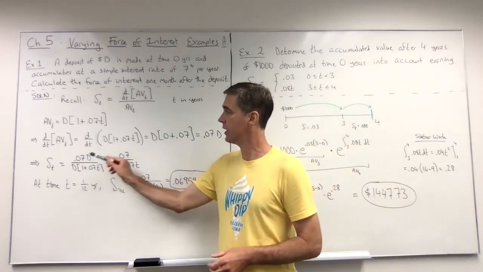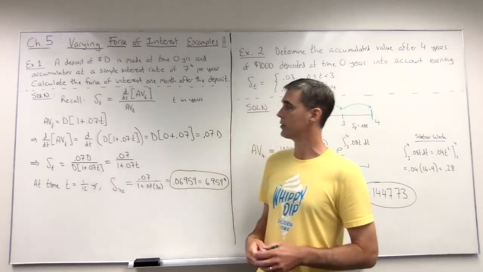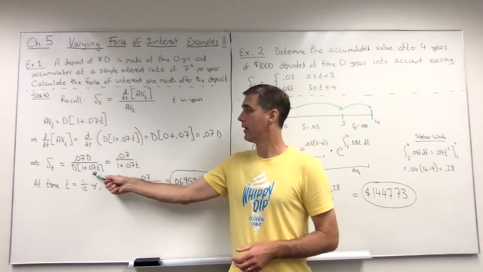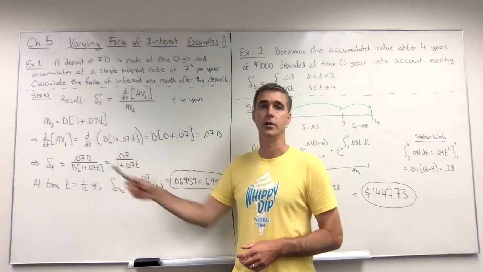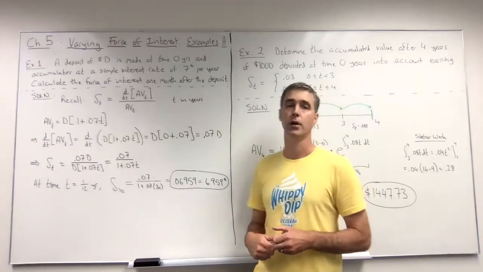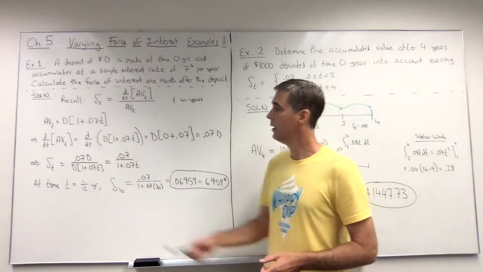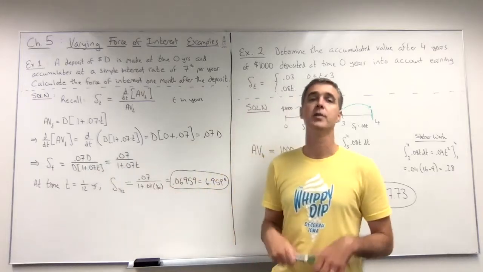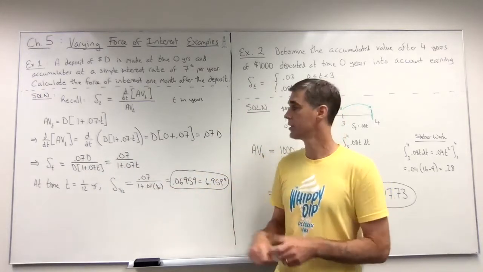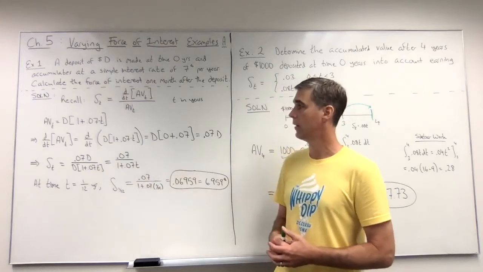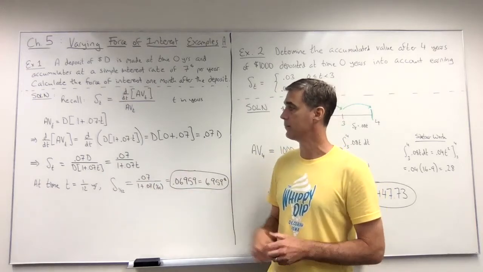So the force of interest then is the derivative on top, 0.07 times D, and then the accumulated value expression in the denominator, D times quantity 1 plus 0.07 times t. The D's cancel, so it was irrelevant what the size of the deposit was in order to calculate the force of interest. So there is the force of interest at any time t.